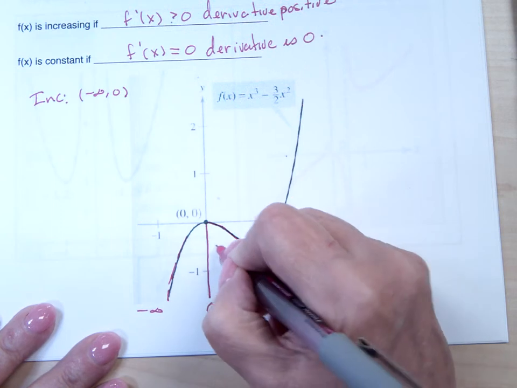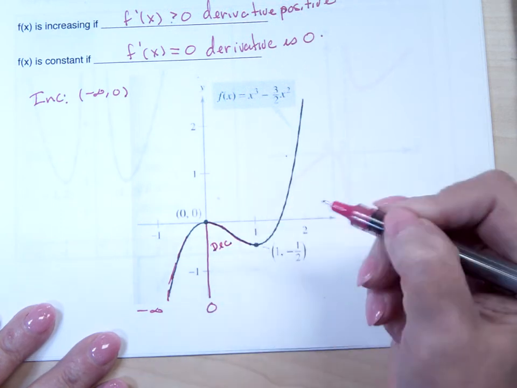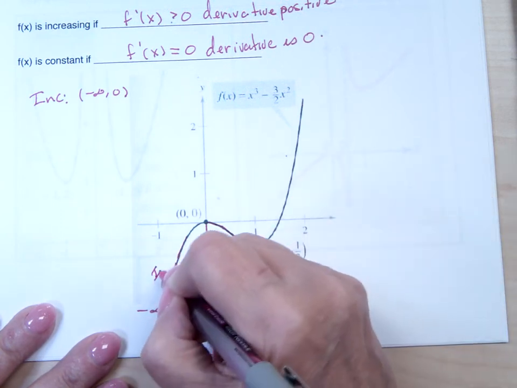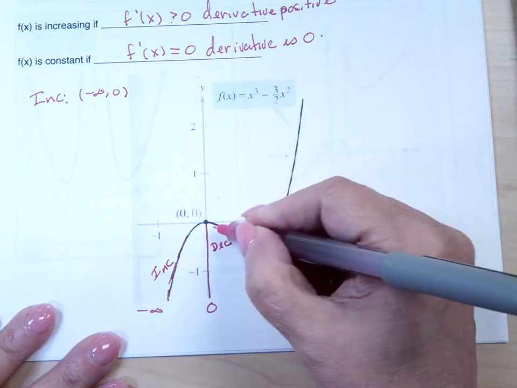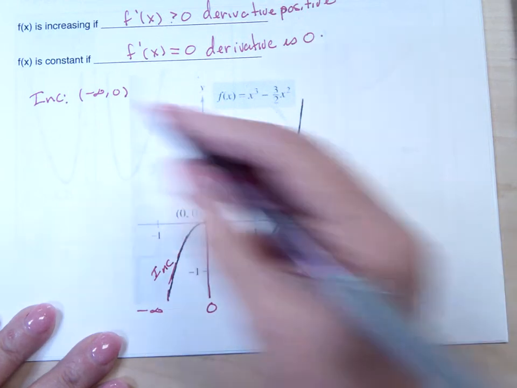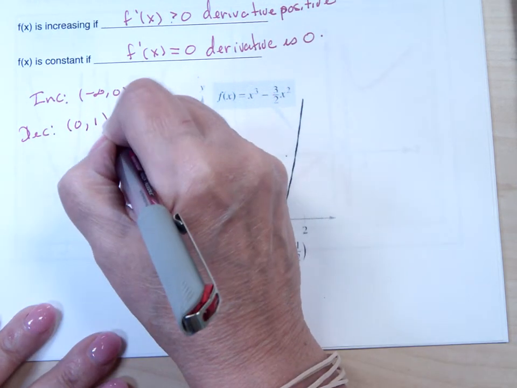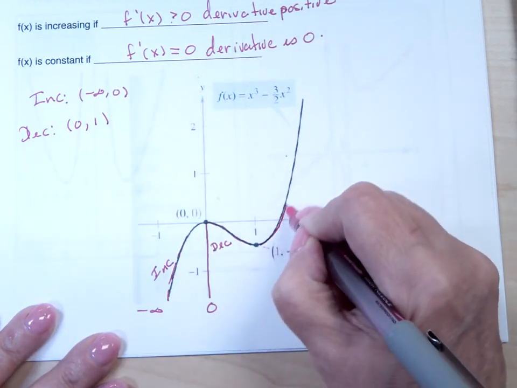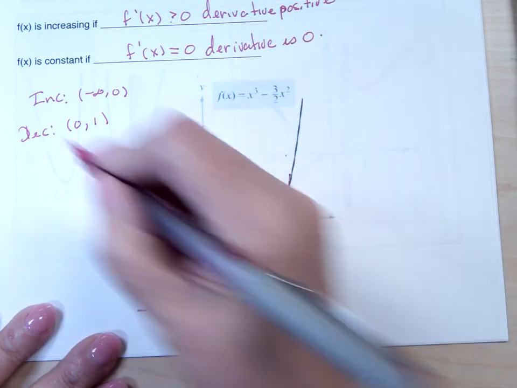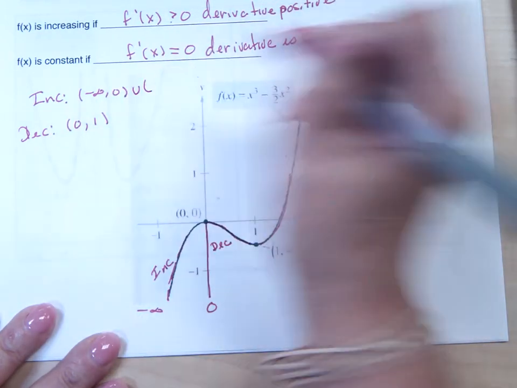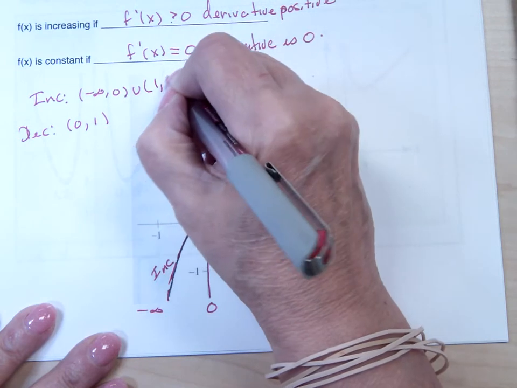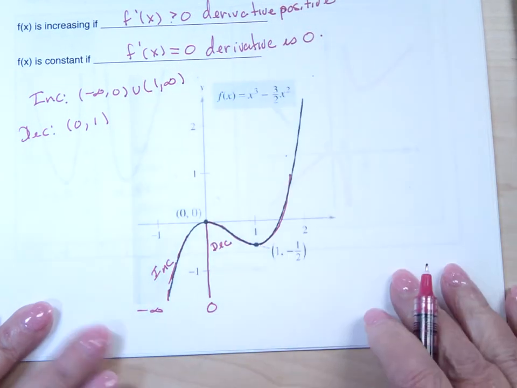Decreasing from 0 to 1. And increasing again from 1 to infinity. Okay, big whoop.